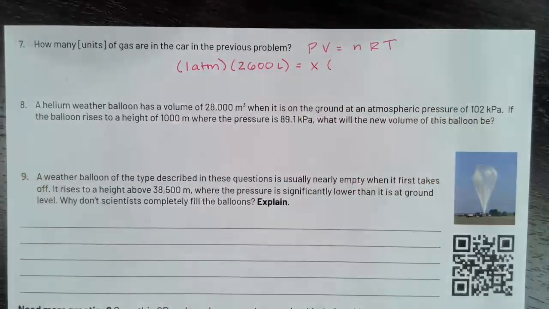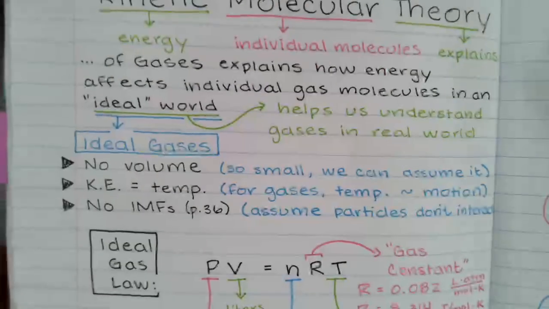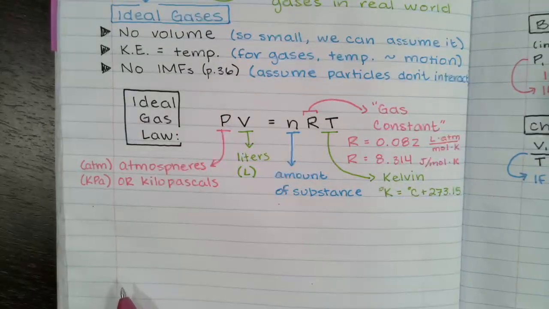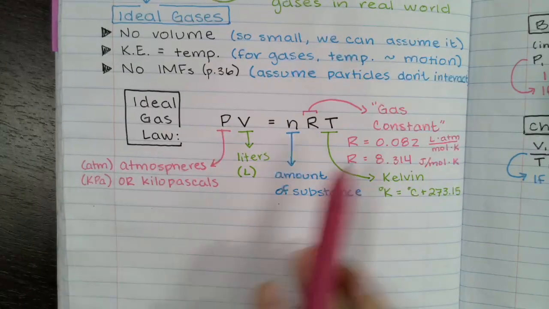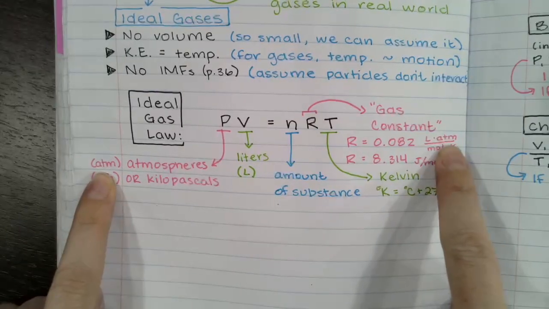Which R value should we use? I'm not sure. Well, let's go back to page 66. What units are we using for pressure? Atmospheres, ATMs. So it would be the 0.08. Right, and the way we know that is it says atmospheres over here, atmospheres right here.